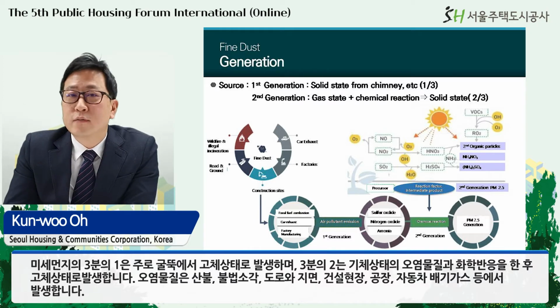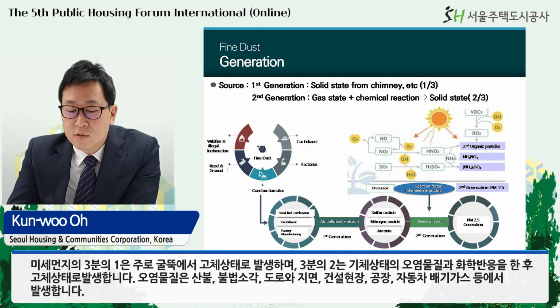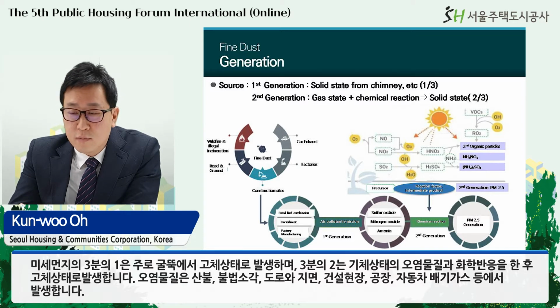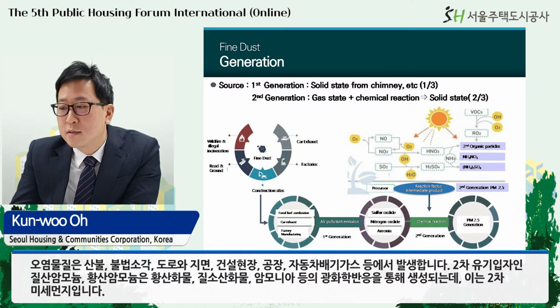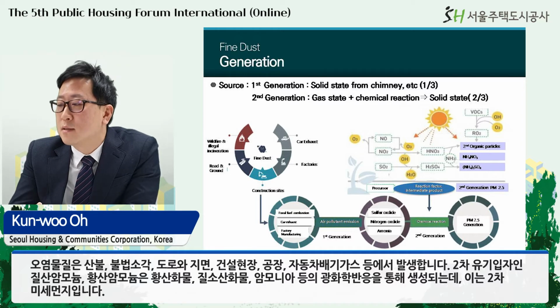One third of the fine dust is generated primarily in solid state from chimneys, and 2/3 are generated in solid state after chemical reaction of gaseous pollutants. Pollutants are generated from wildfire, illegal incineration, roads, grounds, construction sites, factories, car exhaust gas.